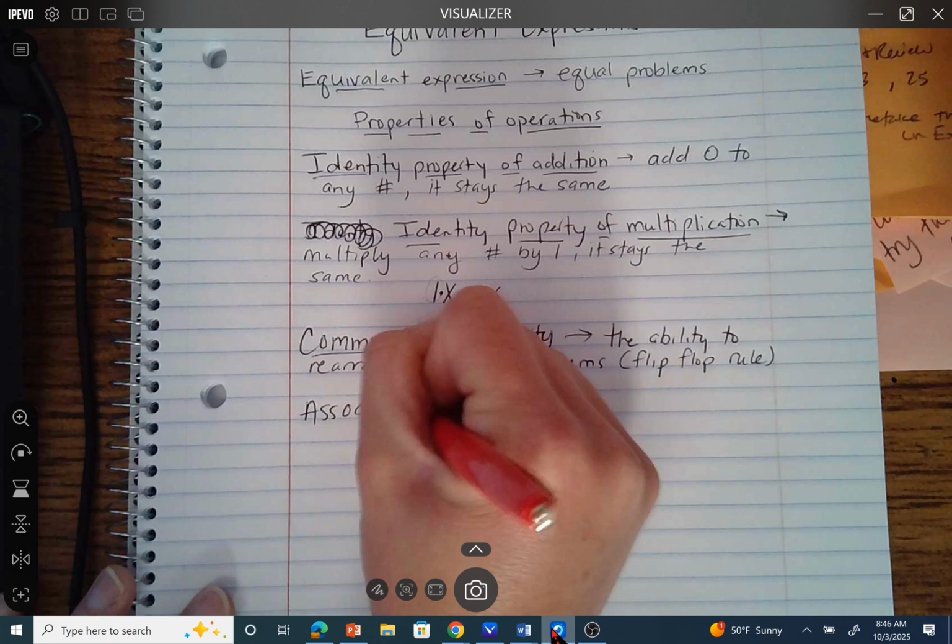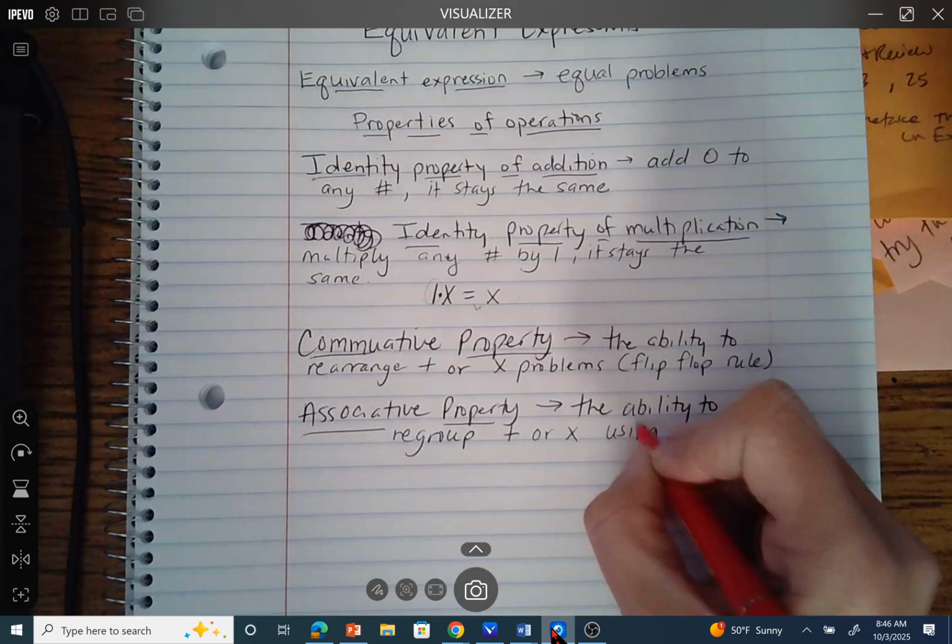Associative property is the ability to regroup plus or times, addition or multiplication, using parentheses, which really isn't the right word to use, but that's the one we're going to use. It's realistically any grouping symbols. We could use brackets, we could use the fancy brackets, but parentheses is the simplest way to put that.